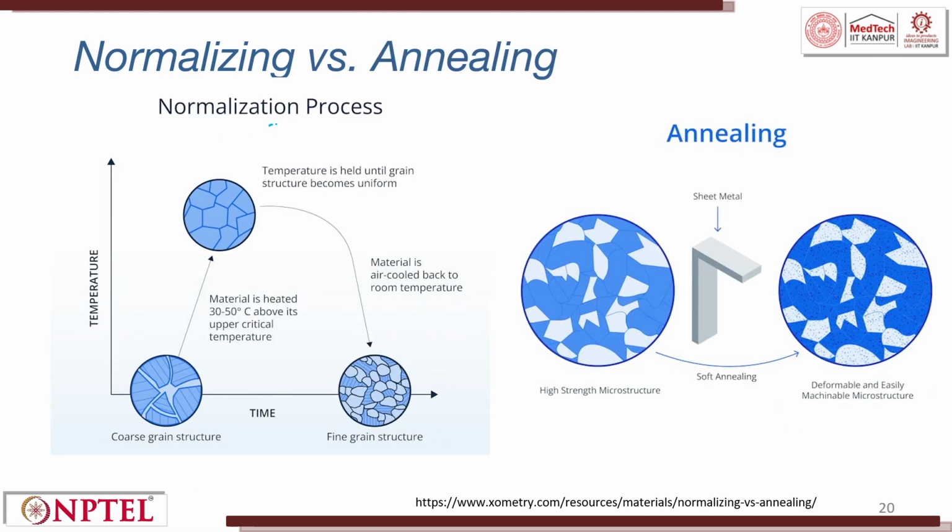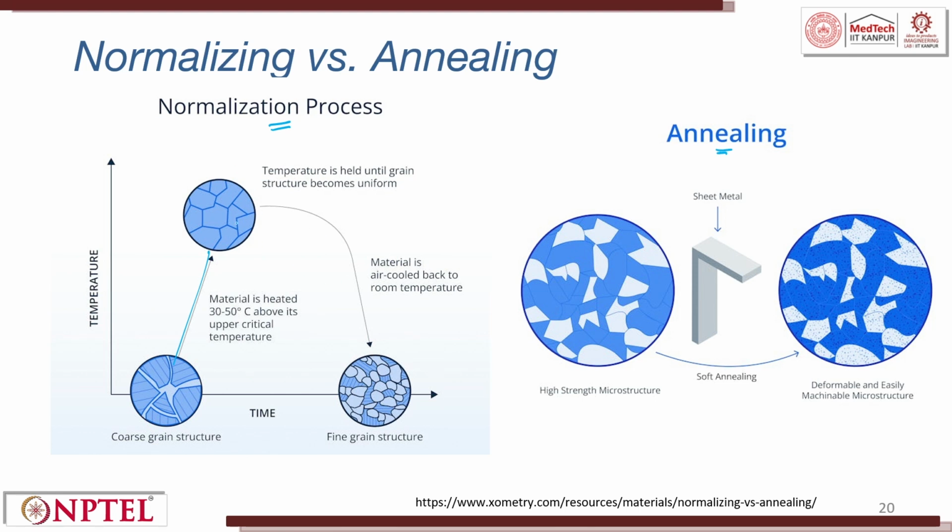If you look at the normalization process and annealing process, temperature versus time, you see a coarser grain. The material is heated 30 to 50 degrees above the upper critical temperature. Now, you see what happens to the microstructure. The temperature is held until the grain structure becomes uniform. Suppose there is carbon here, all of it will get diffused inside the grain.